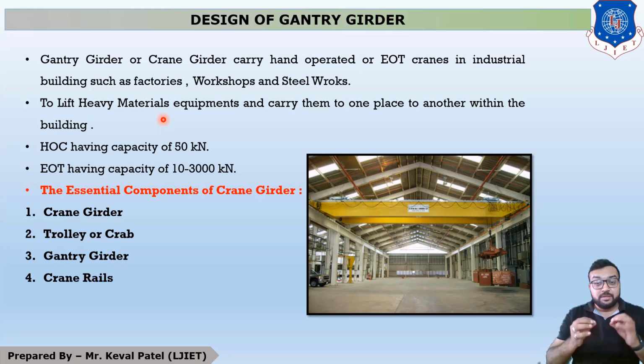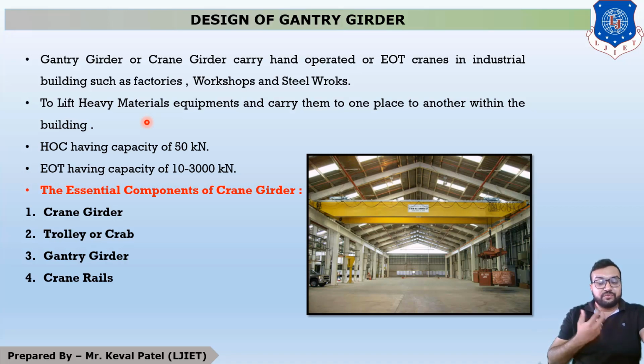But the important phrase is within the building. Outside the building premises, it is not used with the help of a gantry girder or crane girder. So your crane girder and gantry girder lift your material and transfer it from one place to another.